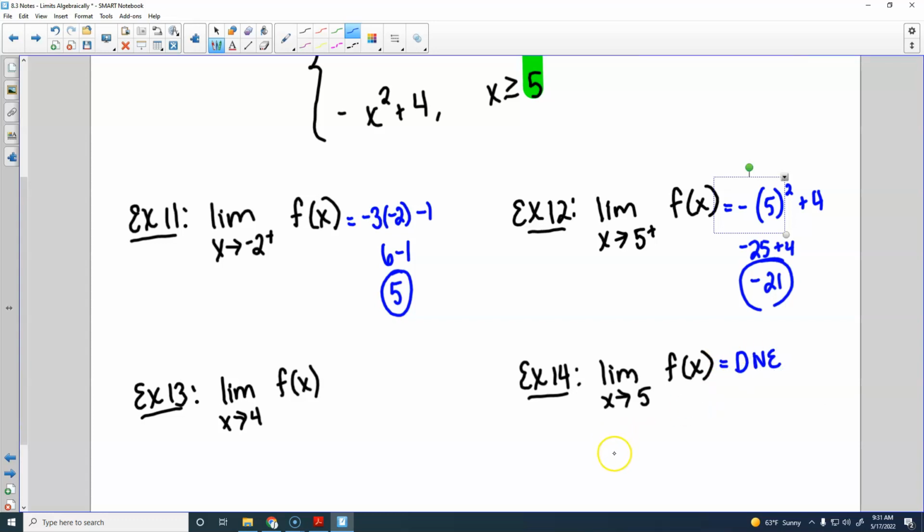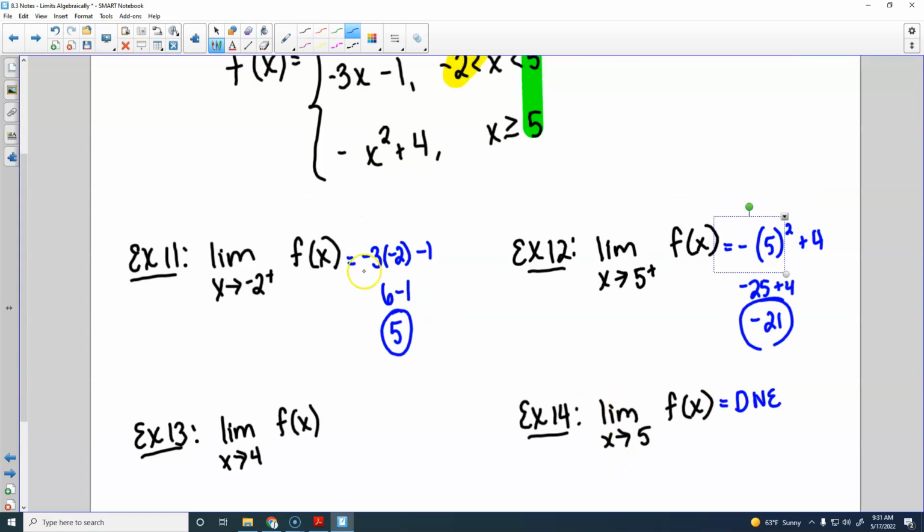And it does not exist because if I do my limit as x approaches 5 from the left of f of x, if I plug in 5 into that middle function, negative 3 times 5 minus 1, I'm going to get negative 15 minus 1, which equals negative 16.